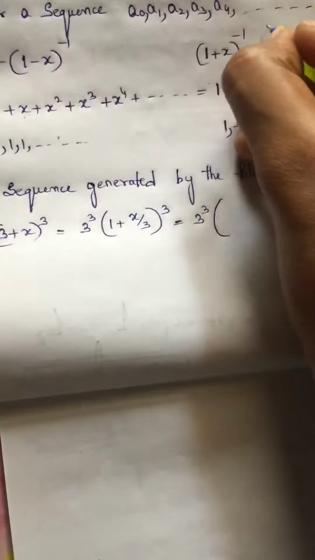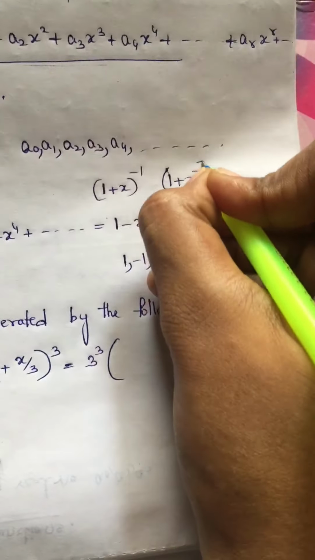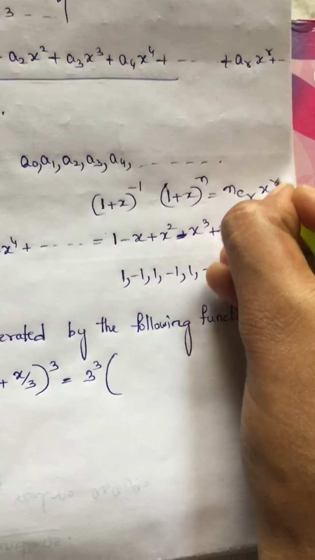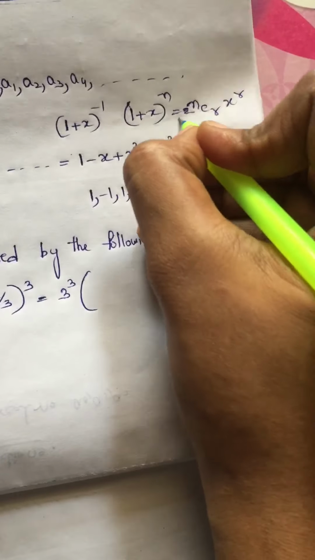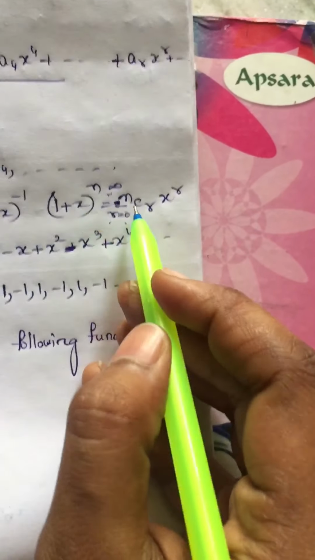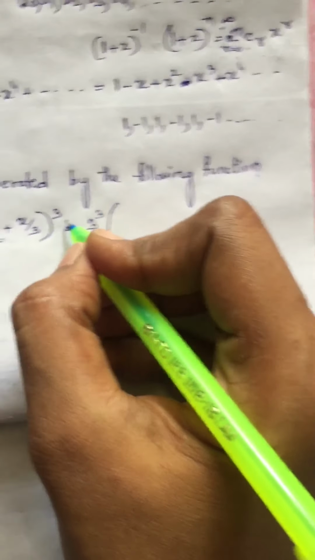How can we expand it? Suppose 1 plus x whole to the power of n is summation r equal to 0 to infinity nCr x power r. Now we have to expand 1 plus x by 3 whole to the power of 3 in this form.